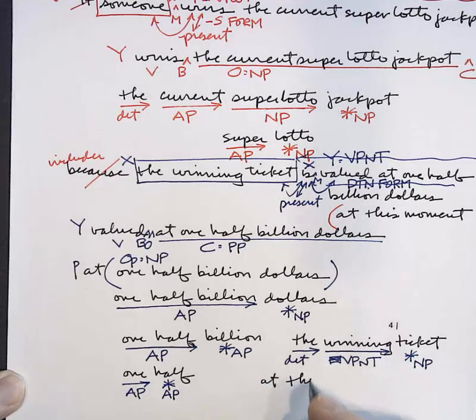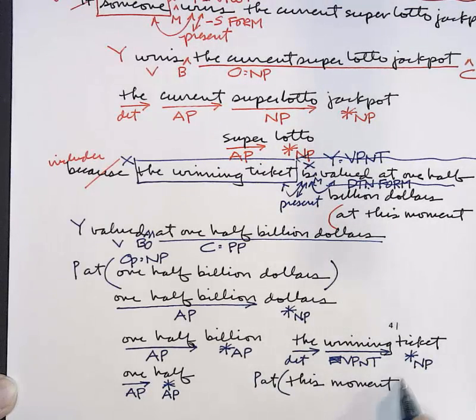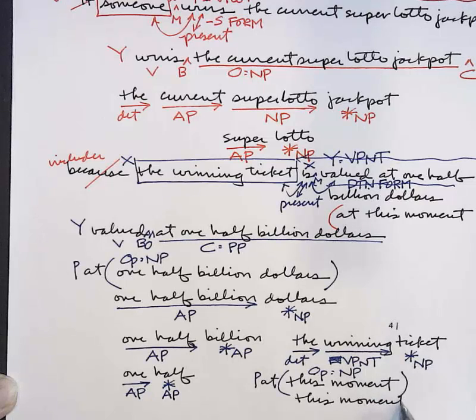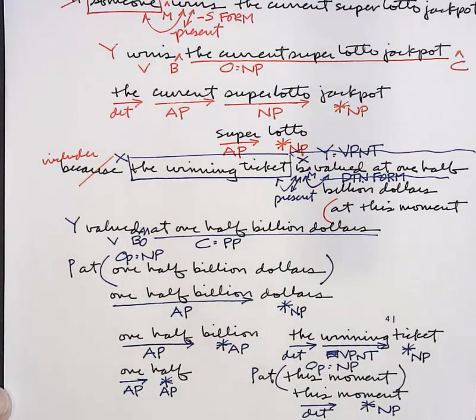At this moment. At is the preposition. This moment is the object of the preposition, noun phrase. Moment is the noun phrase head. And this is a modifier, a determiner. There we go.